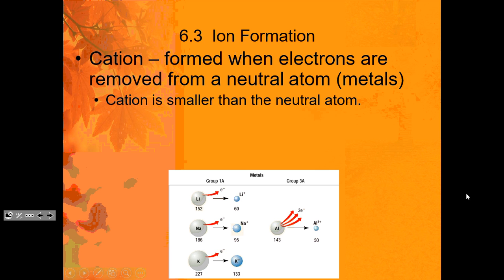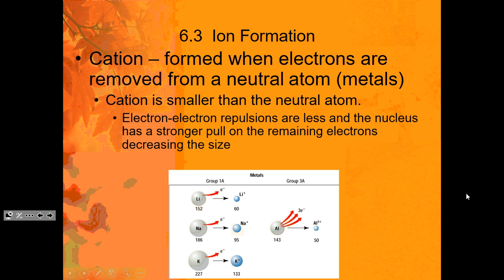A cation is always smaller than the neutral atom because when we lose electrons, we have the same number of protons but with less electrons for them to hold on to. And we've often lost an entire valence level when forming a stable metal cation. So we end up with an atom or a species or substance that is significantly smaller than the original neutral atom. So cations are always smaller than their neutral atom.